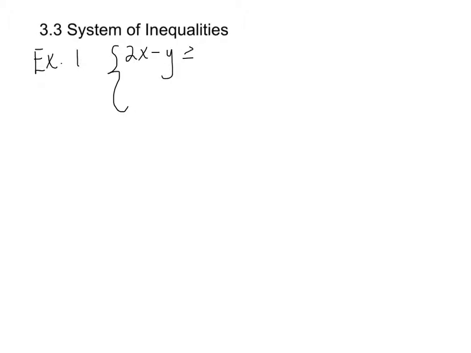And we want to remember that when we're graphing inequalities, first thing you want to make sure is that your inequalities are in slope-intercept form. And as you see, the first one is not. So I'm just going to rewrite this by subtracting the 2x first.